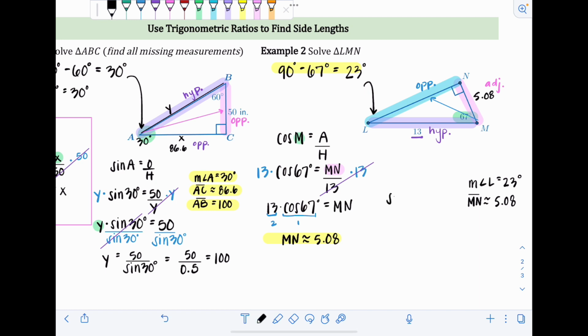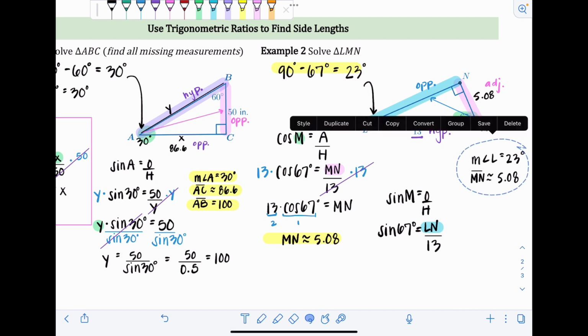So sine of angle M is equal to opposite over hypotenuse. Sine of 67 degrees is equal to the opposite side, which we don't know, so I'll leave it as LN, over the hypotenuse, which is 13.